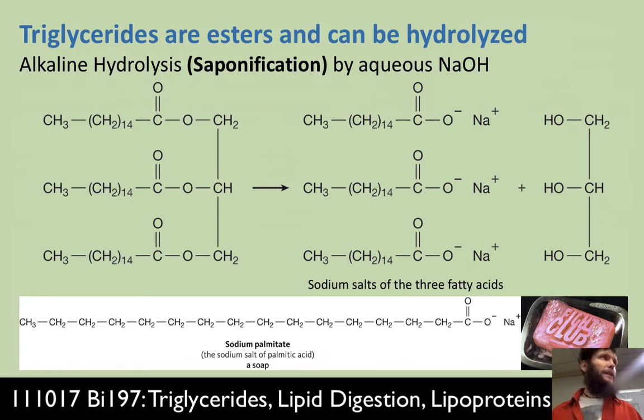The base I'm talking about here, if you want to make soap, you can use sodium hydroxide. Sodium hydroxide will give you the sodium salt of the fatty acid. It's now no longer an acid, right? It's the conjugate base. It's a carboxylate group. It's not a carboxylic acid. It's the carboxylate group. It's been ionized, right?